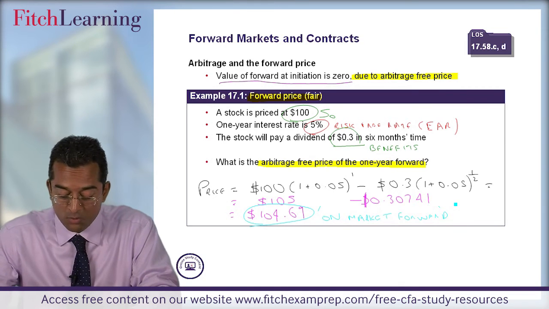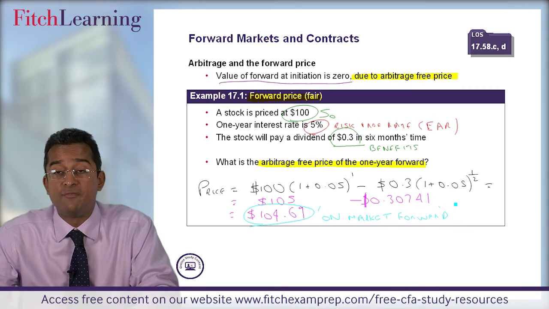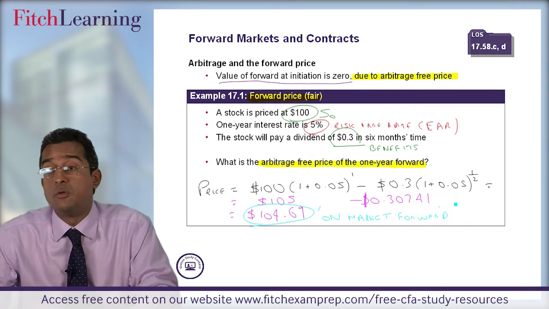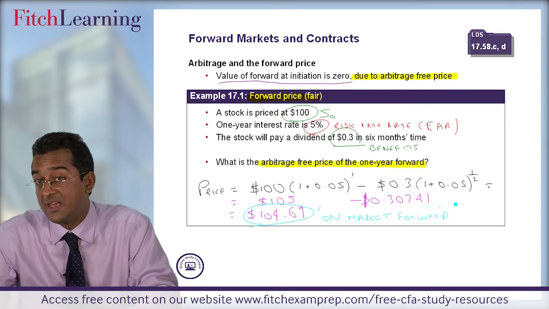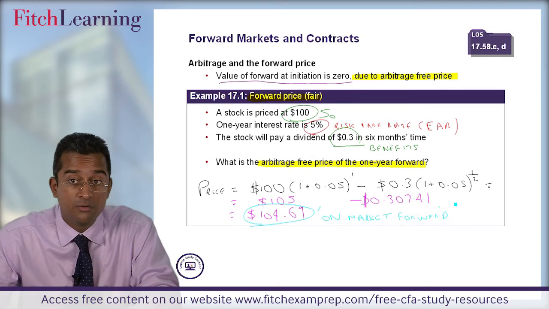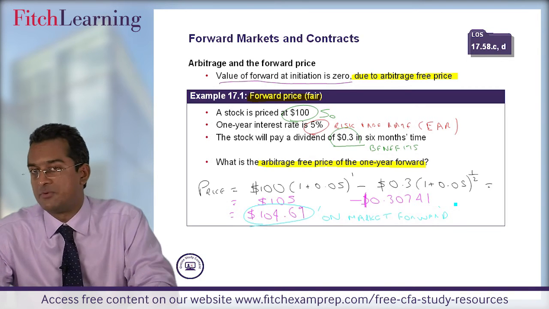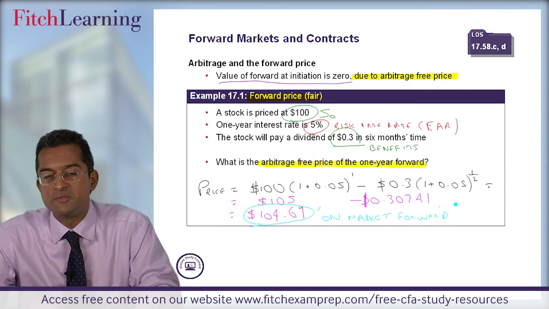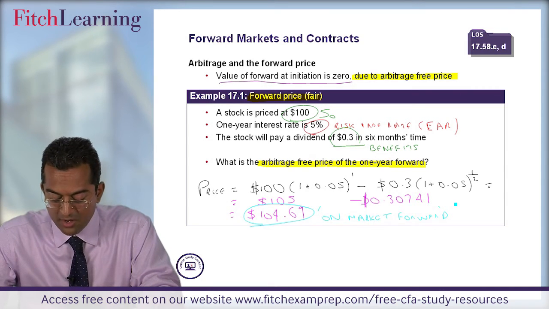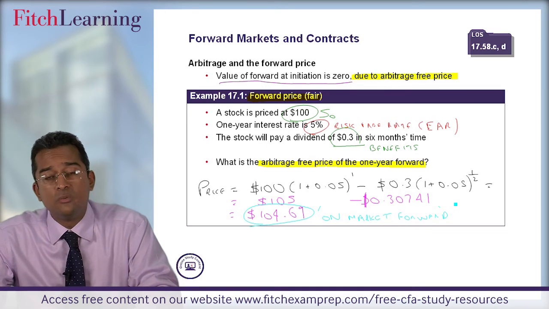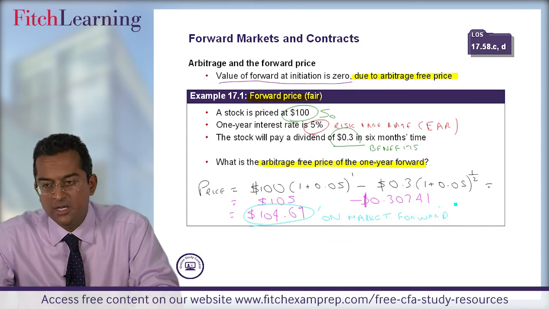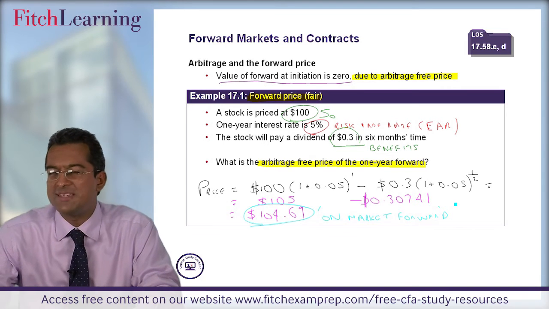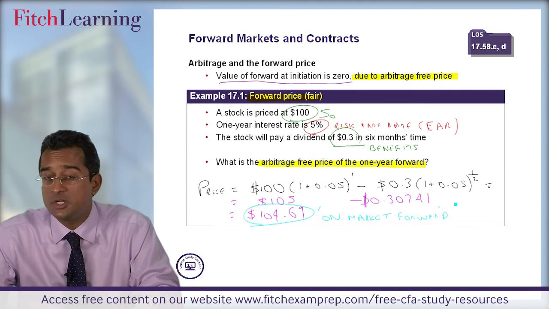So an off-market forward would be any time the initial value of the forward is not zero. It could be higher than it should be. Well, in that case, the short compensates the long for buying at a high price. And if the price of the contract is below, let's say it's at 104, you just round it down, well, then it's the long who has to compensate the short, because the long is able to buy at a price which is lower than they should be able to.